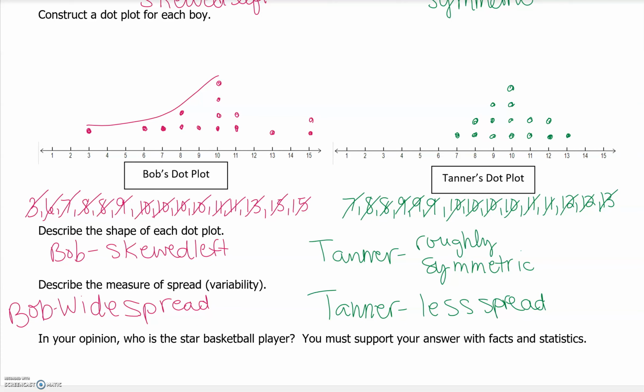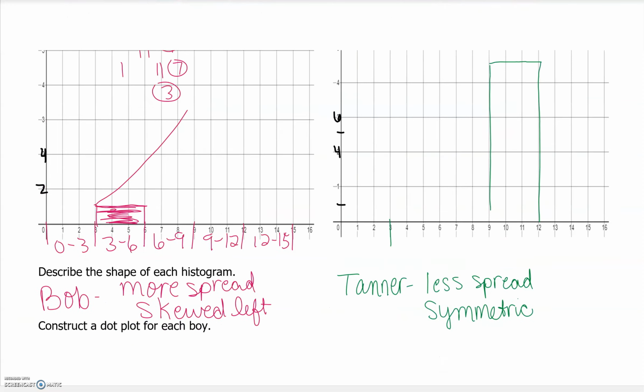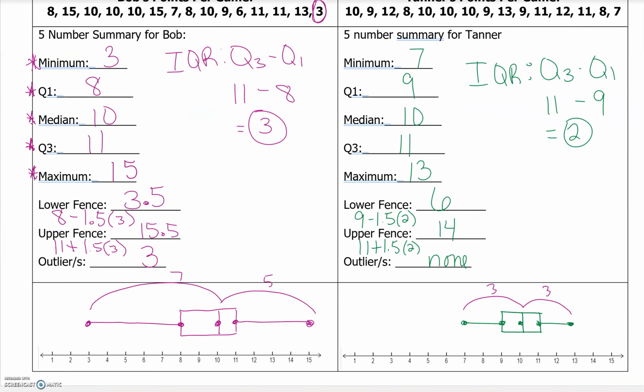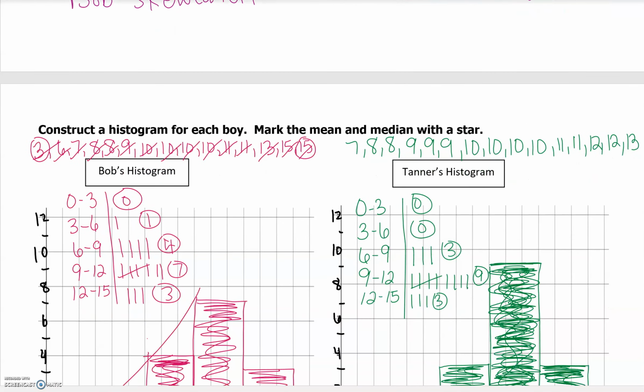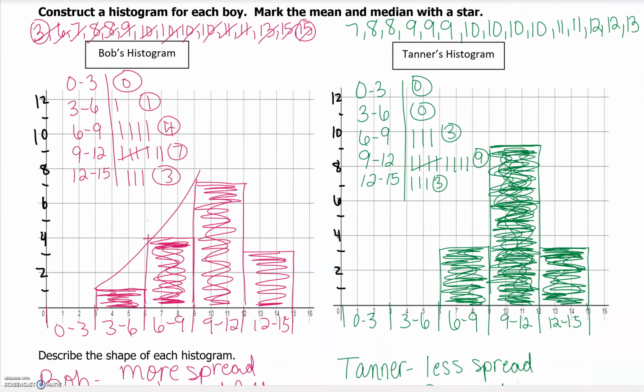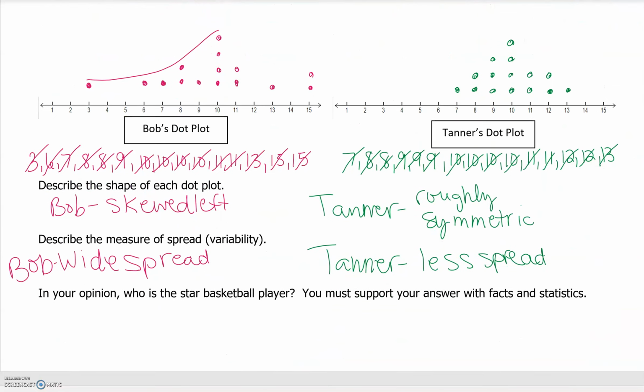So let's look at everything. In your opinion, who is the star basketball player? Okay. Well, if we look back at everything from the box plots to the histogram and the dot plots, Tanner had the higher scores.